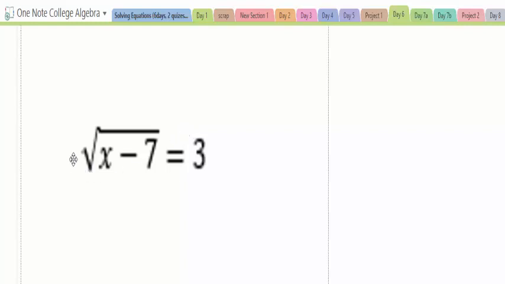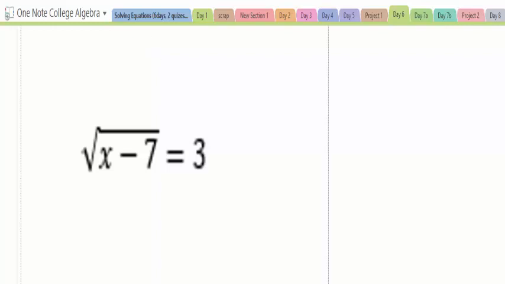The opposite of taking the square root of something is to square both sides. Sometimes, because we're squaring, and remember that idea that when you square something, it will always be positive, sometimes we end up with what is called an extraneous solution. So we always have to go back and test these to see if the solution is actually correct.